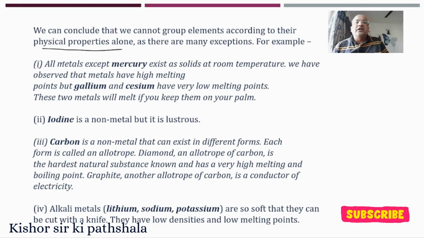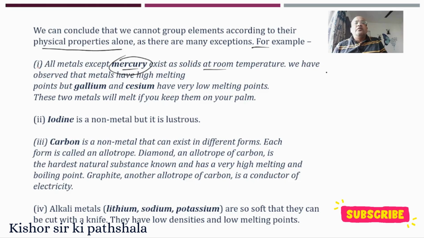There are many physical aspects in which there will be differentiation between these elements, because there are exception cases. All metals except mercury exist as a solid at room temperature. Mercury is a liquid.